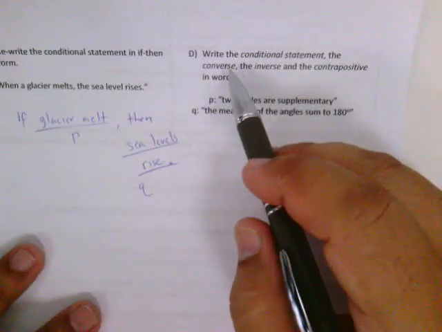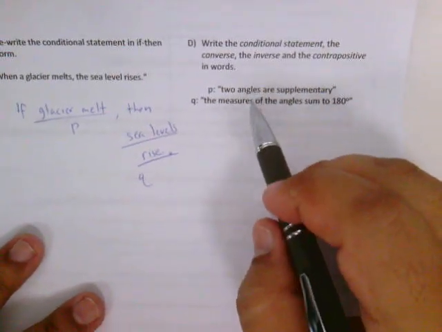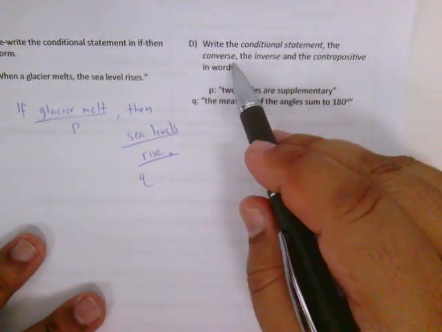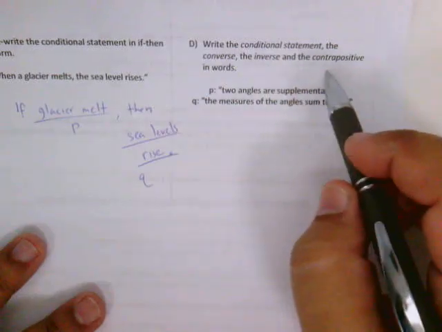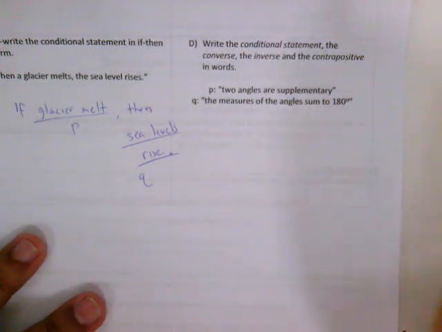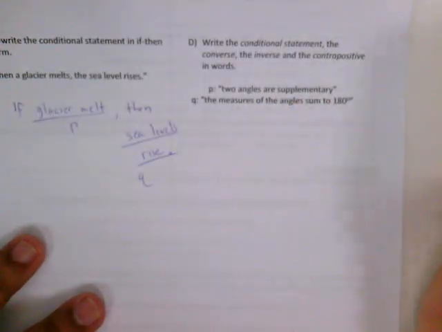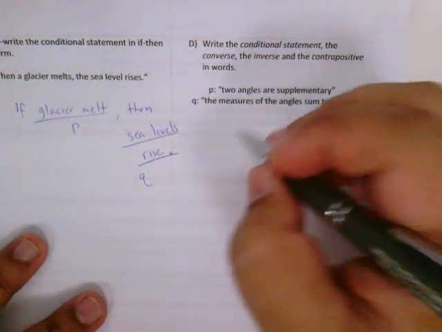Now, it says here, write the conditional statement, P implies Q, the converse, the inverse, and the contrapositive in words. Let's take it one at a time. Conditional statement means if-then, right?